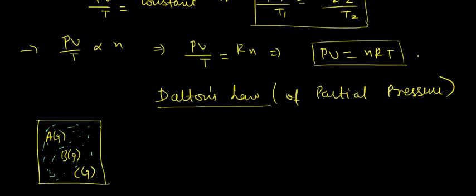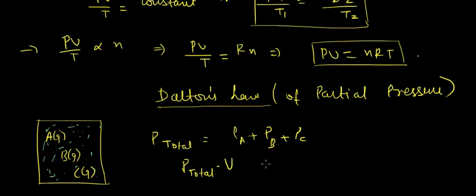So the total pressure of the mixture would be partial pressure of A plus partial pressure of B and partial pressure of C. Okay, so this is the total pressure, and we can say that P total into volume of the vessel should be equal to n total into RT.